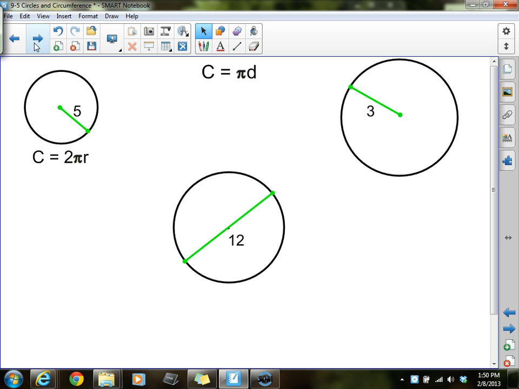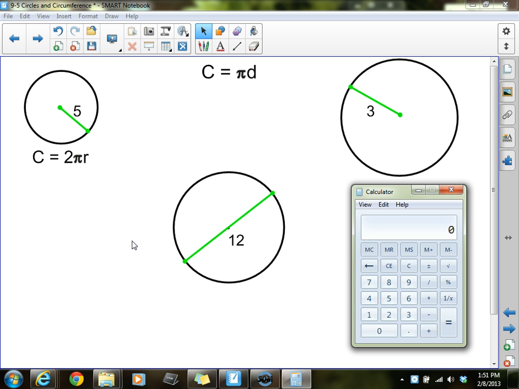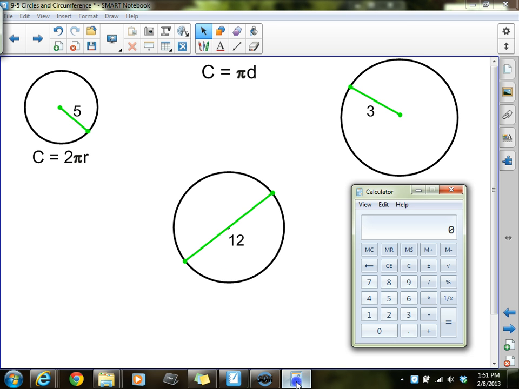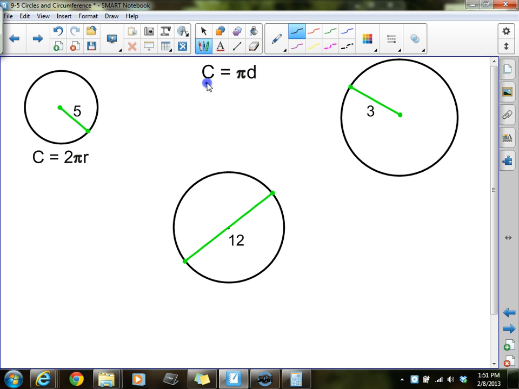I also want to emphasize that you should get a calculator and use it. Go and get a calculator out now. All right, let's get started with the center one right here. I'm going to pull up my calculator. I have my formula, C equals pi d.